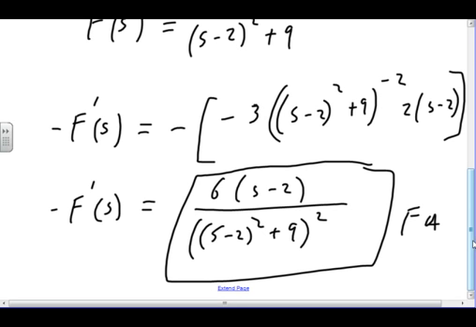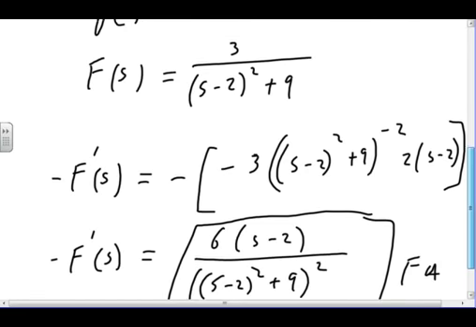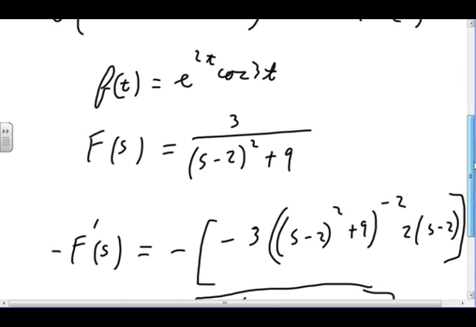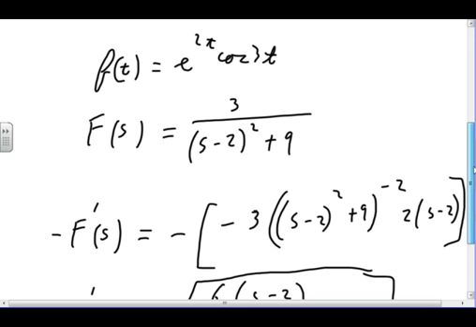Well, I have an s squared minus 4s plus 13, squared, on the bottom. But why don't I have that thing on top? Did I take the derivative wrong? The minus 1 goes over there, and the 2 goes in front.